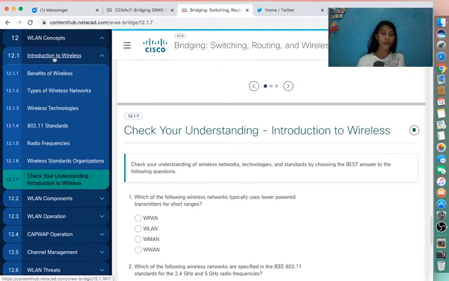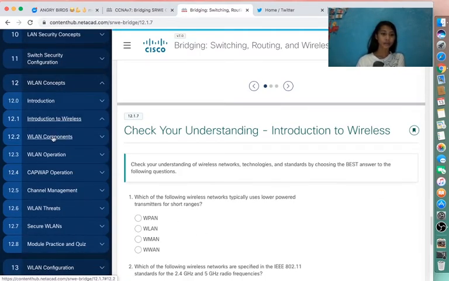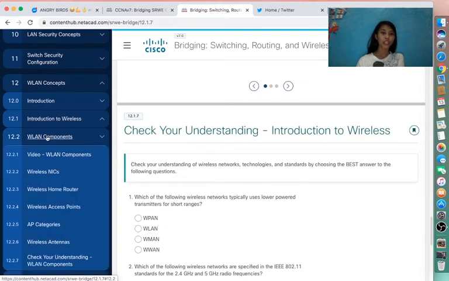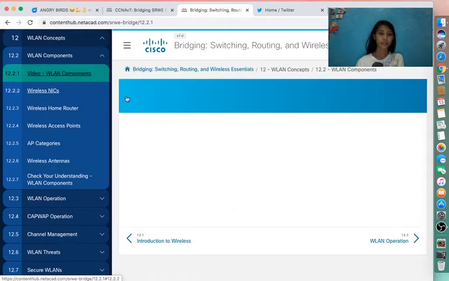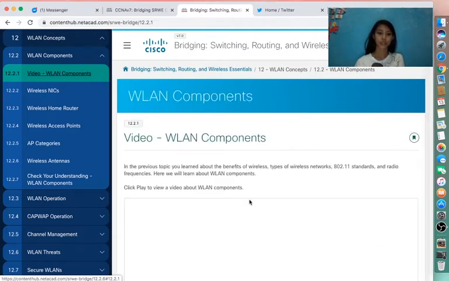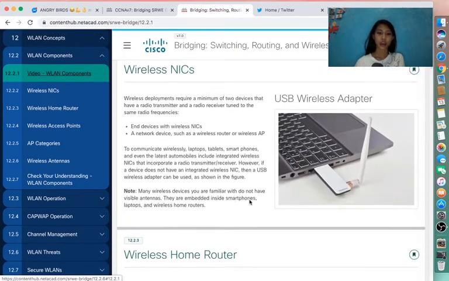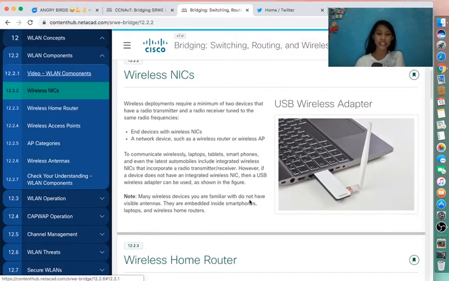And in our LAN components, we have our wireless NICs.